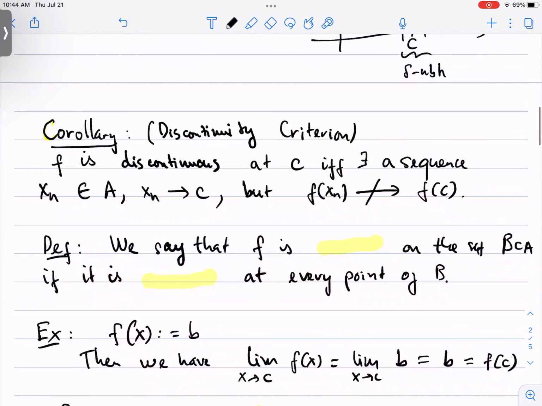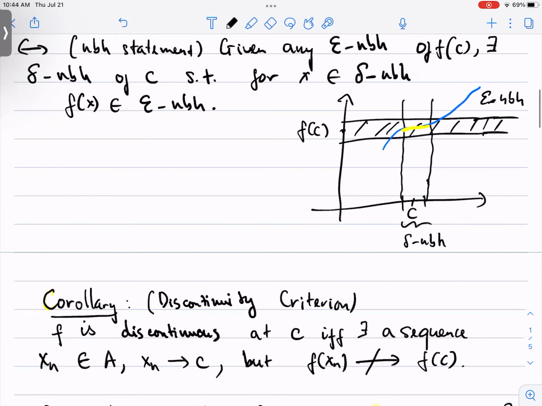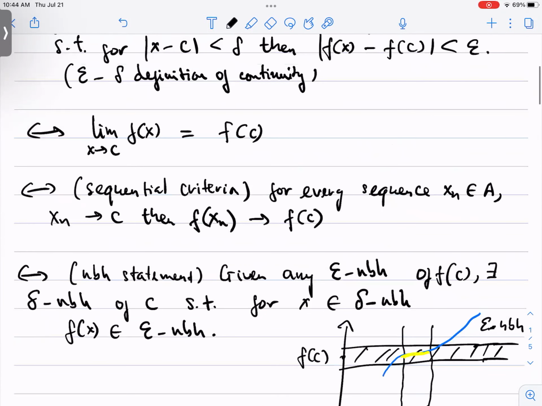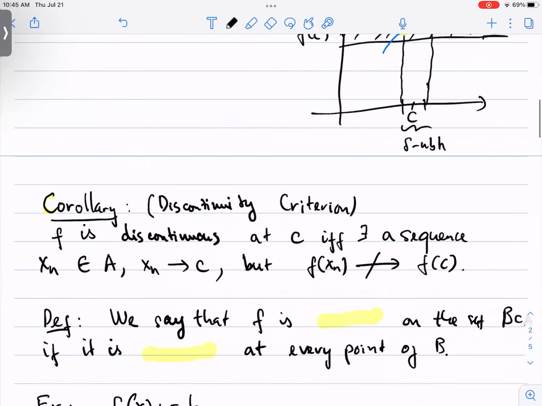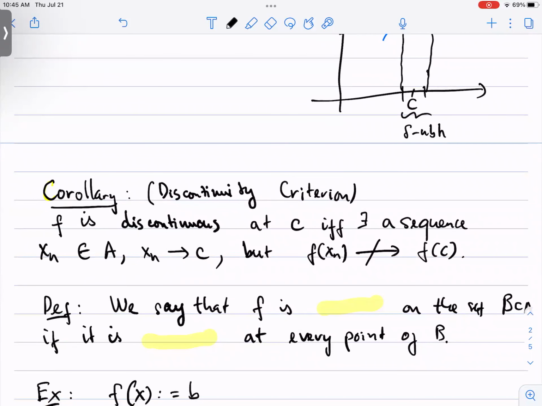Now, the first consequence of that definition is a discontinuity criterion. This is a negation of the continuity definition. We saw several equivalent statements for continuity, and the negation of each statement will be a statement about discontinuity. However, for convenience, we just establish the most common statement here.